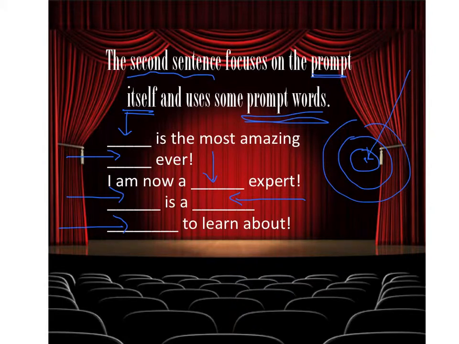Blank is great to learn about, and you use your topic. These sentences are a must, and you must include those prompt words to let your audience know, this is my topic, I am on target. Pause the video. Make sure you know your topic, your controlling idea, and include it in the sentence as you write your second sentence for your introduction.